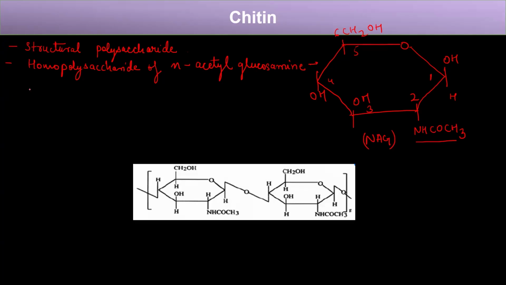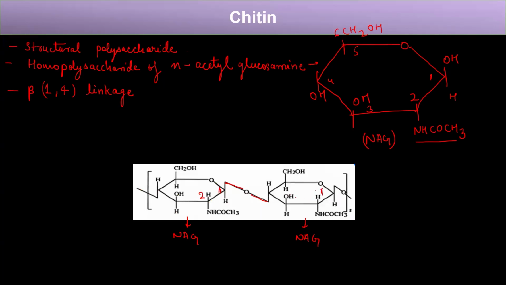Now, what kind of linkage is present in this chitin structure? It is beta 1,4 linkage. If you look at the structure of chitin, this is the typical structure. Each unit is what? NAG. This is NAG, this is NAG, and they are linked like this. This is your first position, this is your second position.